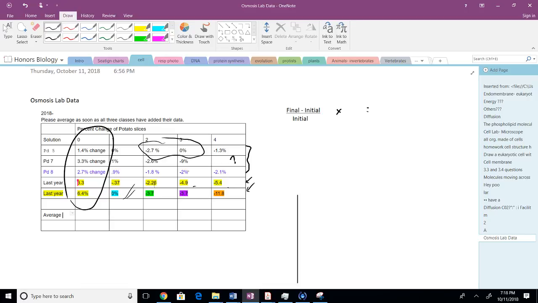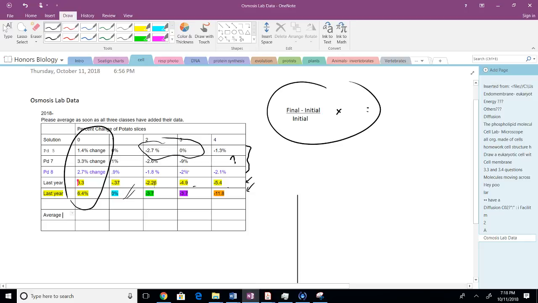So one thing I would point out is all of these results are dependent upon this formula, the percent change. And we use percent change because, if you think about it, not everybody's potato had the same mass to start out with. Just like if we were tracking people's heights and how much they grew over middle school, somebody starts at 5'5" and somebody else starts at 5 foot, you would have to put that into the formula at some point.